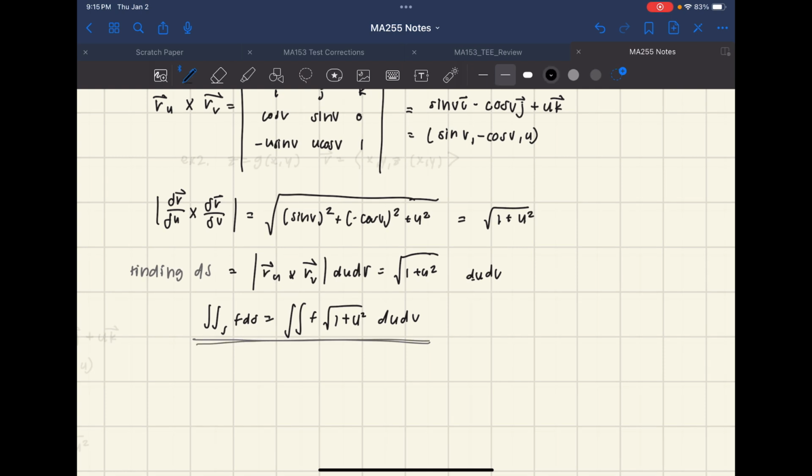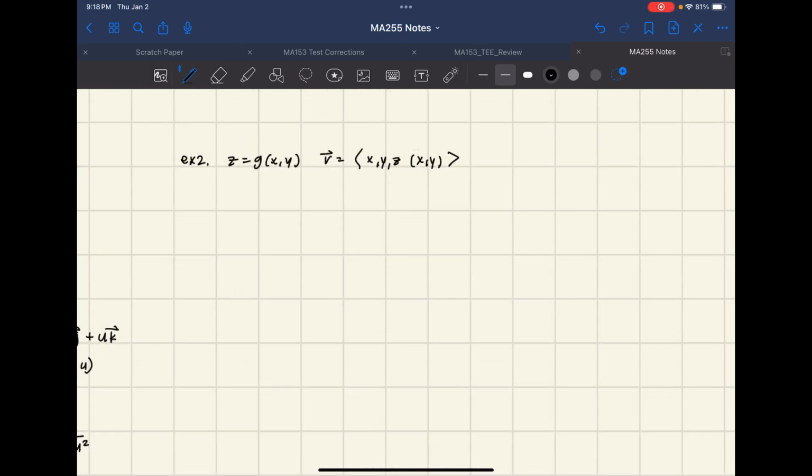So let's go ahead and try another. Okay, so I cut out, but let's try this next example here. This is what we're given. And in this case, since z is equal to g(x, y), the surface is parameterized by this, okay?